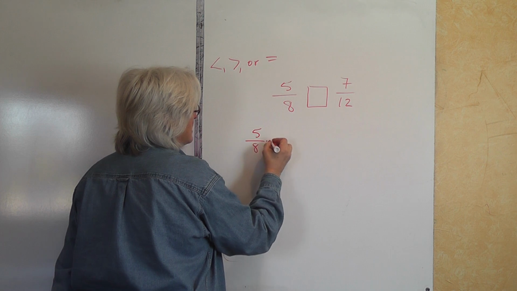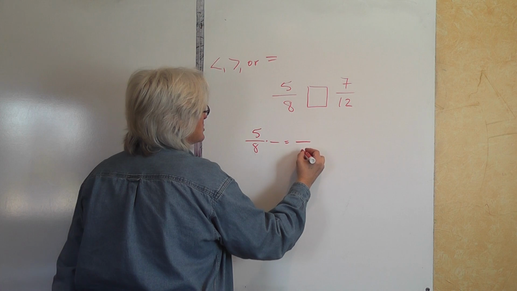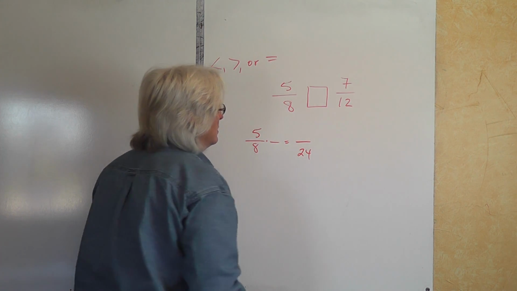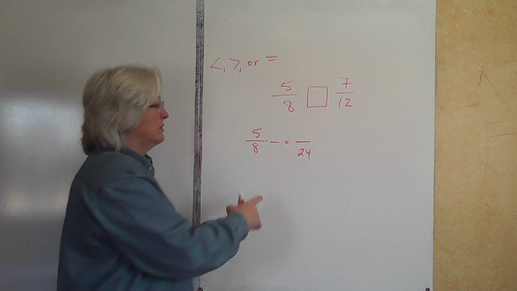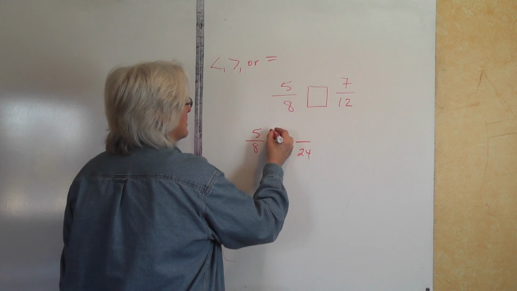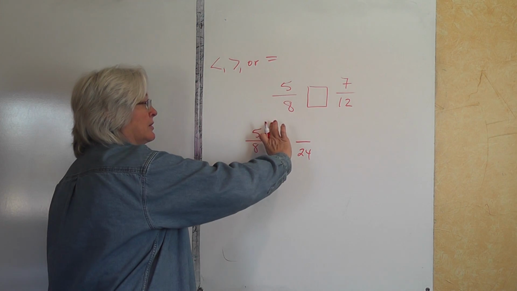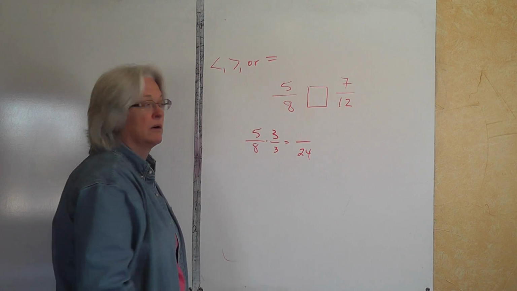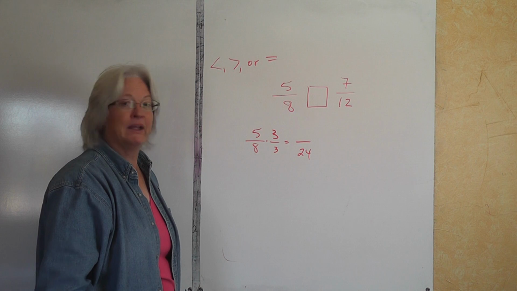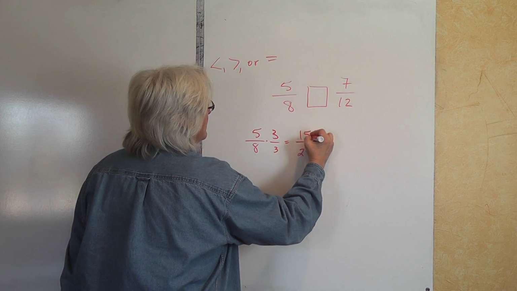So 5/8 times what is going to give us a fraction with a denominator of 24? 8 times 3 is 24. Because we multiply the denominator by 3, we have to multiply the numerator, because what we're actually doing here is multiplying by an expression that's equal to 1. So we have 15/24ths.